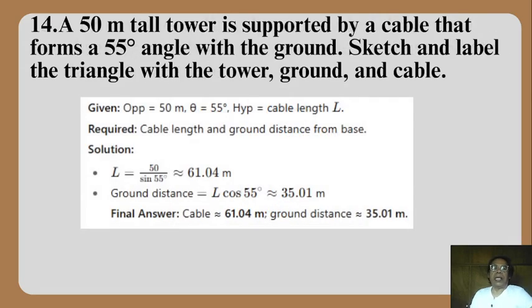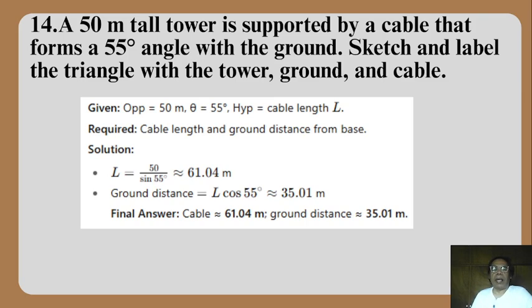Number 14. A 50-meter tall tower is supported by a cable that forms a 55-degree angle with the ground. Sketch and label the triangle with the tower, the ground, and the cable.